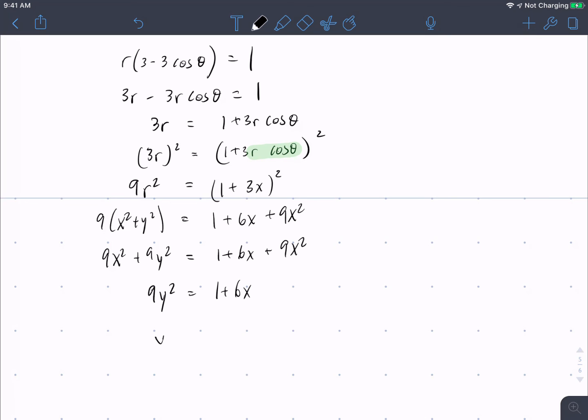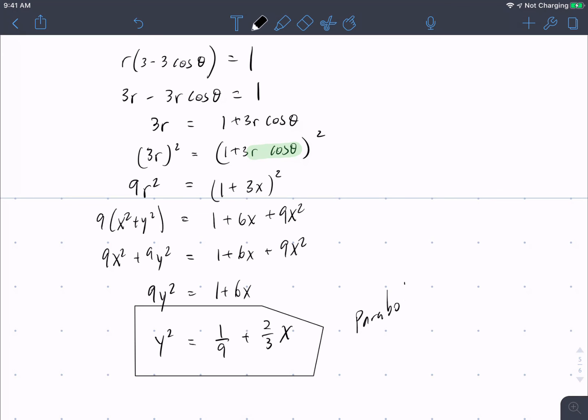I'll get y squared is equal to 1/9 plus 2/3 x. And this right here is a, wow, terrible. Oh, funky, but okay, whatever, I'll take it. That is a parabola.